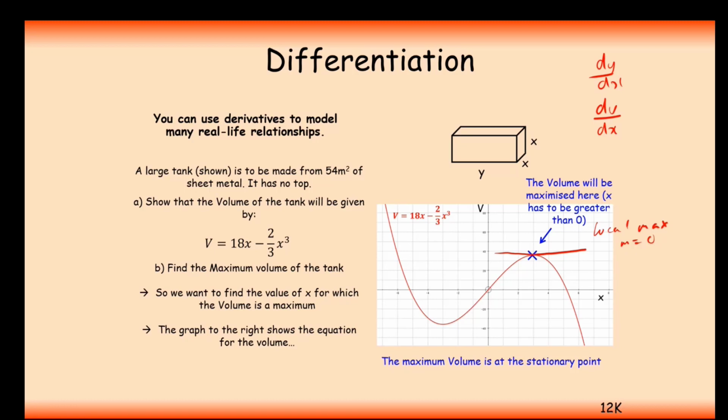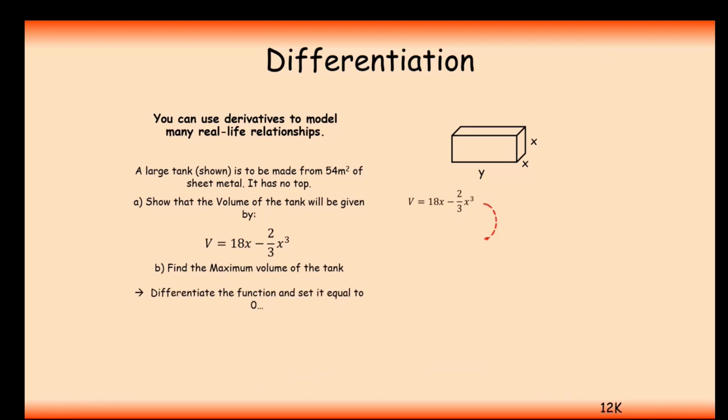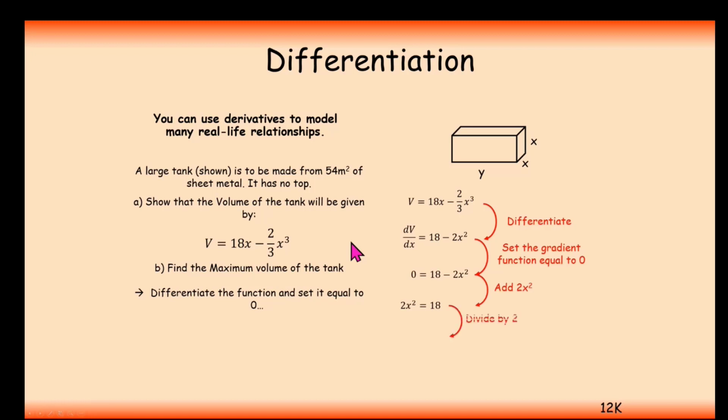The maximum volume will be at what we call the stationary point as well, hence the gradient will equal 0. So we just need to differentiate it and set it equal to 0. The dV/dx of that is going to be 18 times the power, and decrease the power by 1. We set that to 0 because the gradient is going to be 0 at the local maximum, and we solve for x.